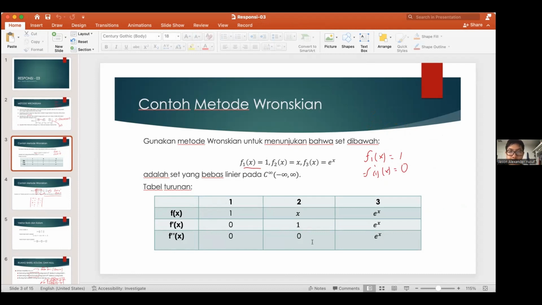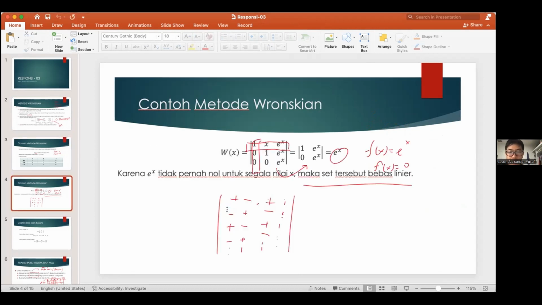For x, same thing, and then yeah, this is the same. If we take a look and find this is what we're going to get, the final result, the Wronskian. And this is the final solution that we're going to get.